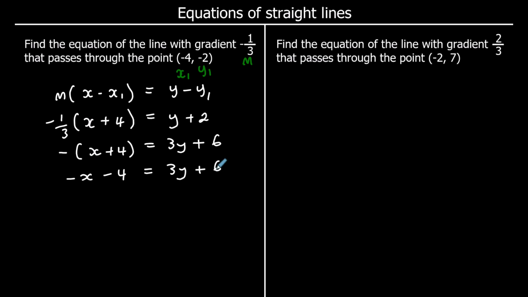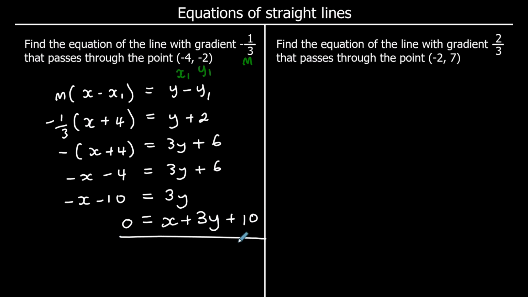I can take away 6 from both sides. And then if I want the form y equals mx plus c, I can divide every term by 3, or I can take the two negatives over to the other side and have it in the form ax plus by plus c equals 0, where a, b, and c are integers.